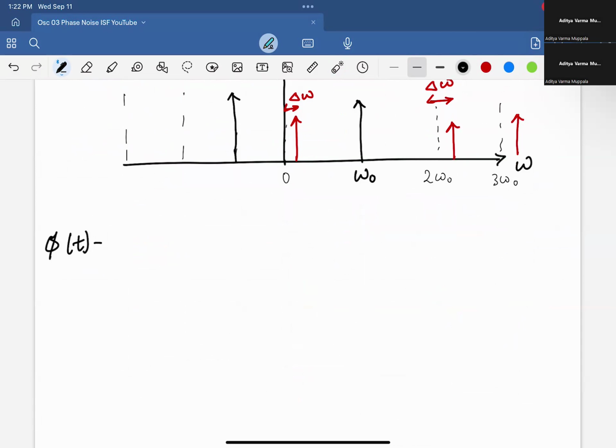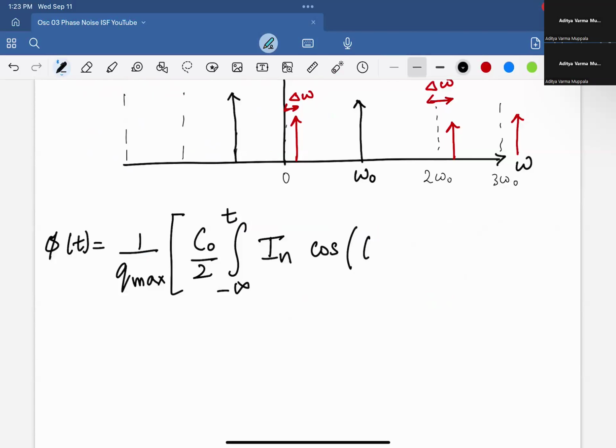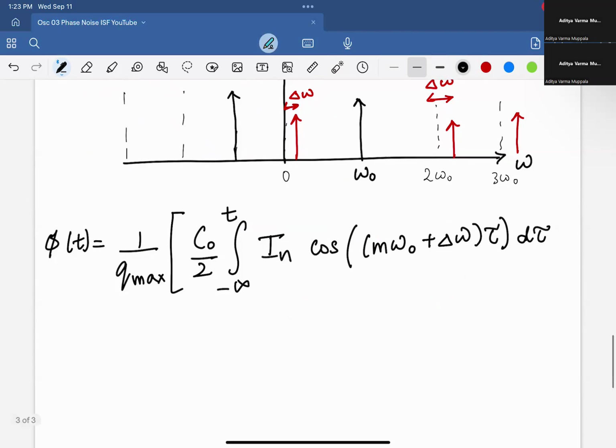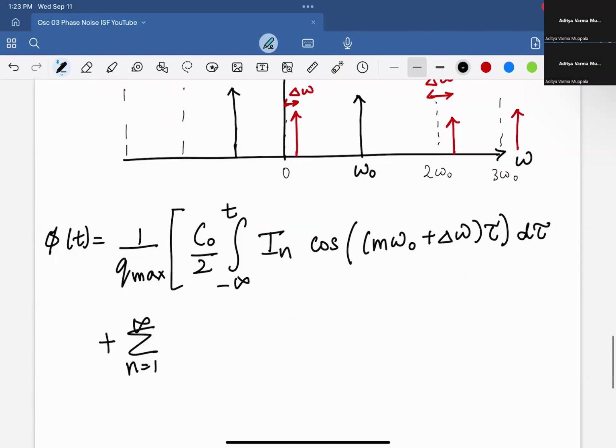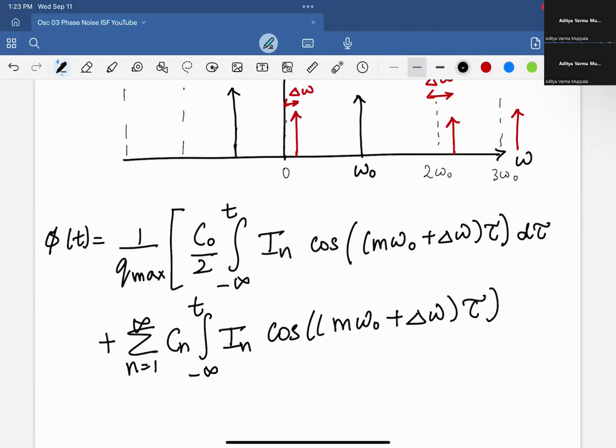I would say phi of t is given by 1 over q max times C0 over 2 integral from minus infinity to t of I_n cosine of (m omega naught plus delta omega) tau d tau, plus sigma n equal to 1 to infinity Cn integral from minus infinity to t of I_n cosine of (m omega naught plus delta omega) times tau, times cosine of n omega naught tau, d tau.